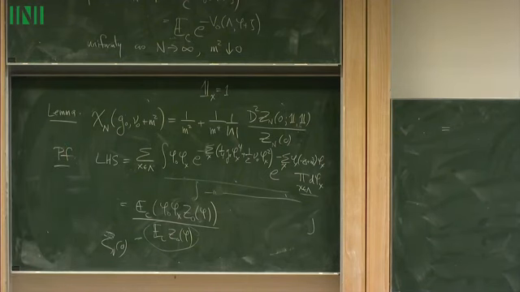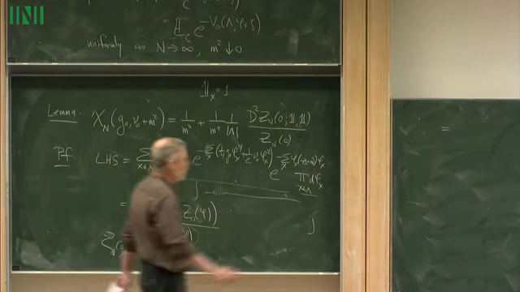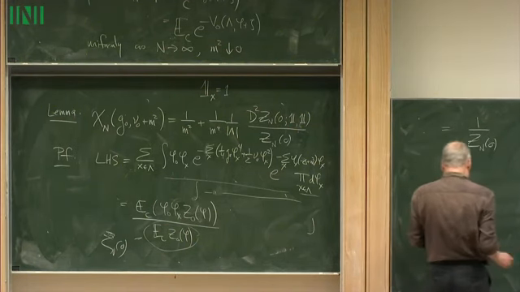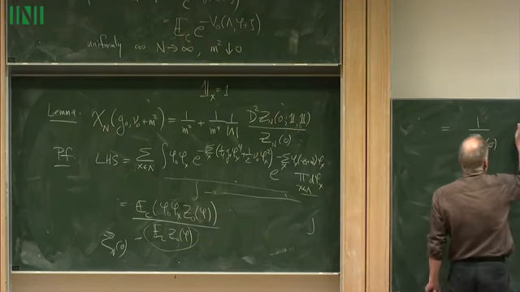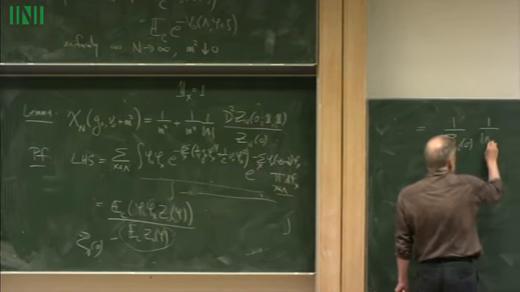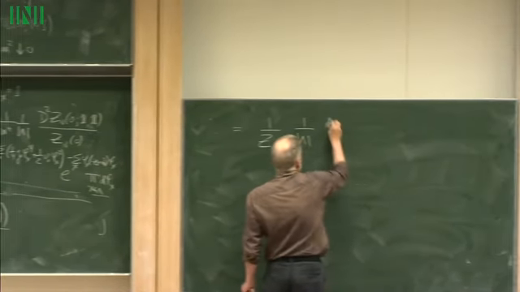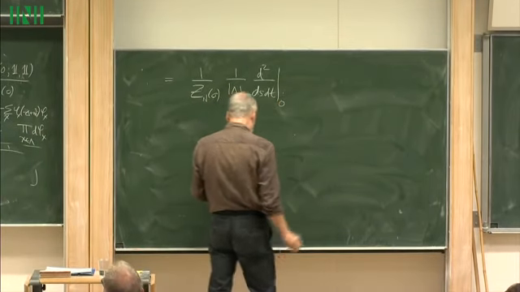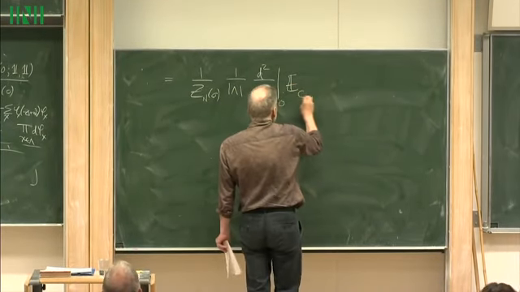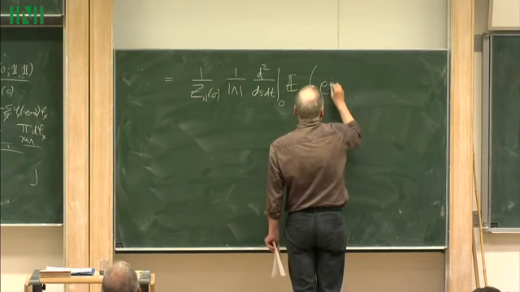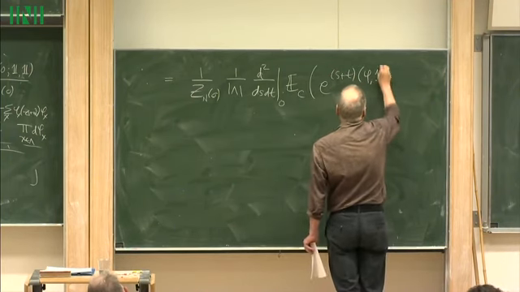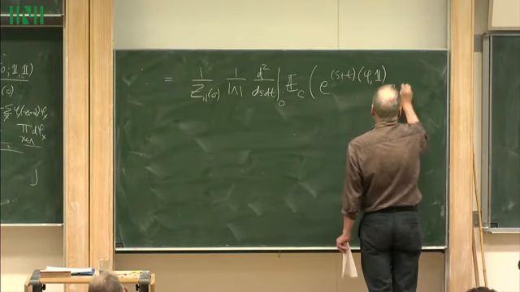And in the top, what I want to do is to write it as, so I claim it's equal to 1 over lambda times the second derivative at 0 of the expectation of e to the s plus t phi 1 z0 of phi.